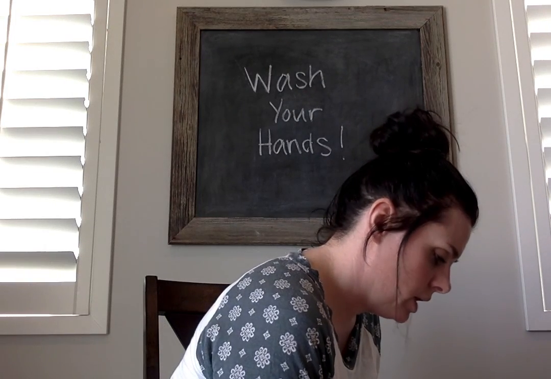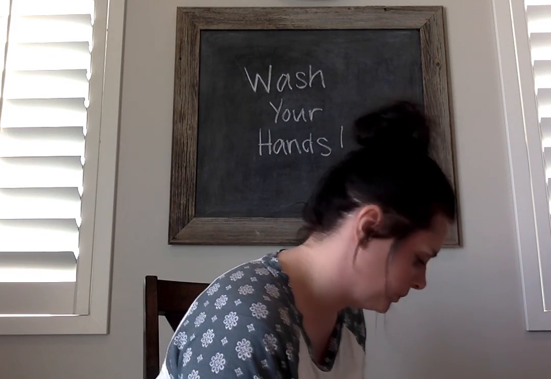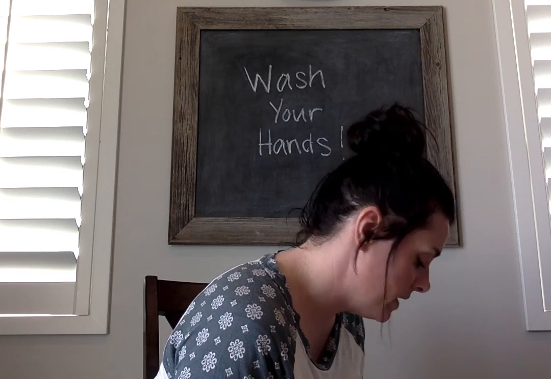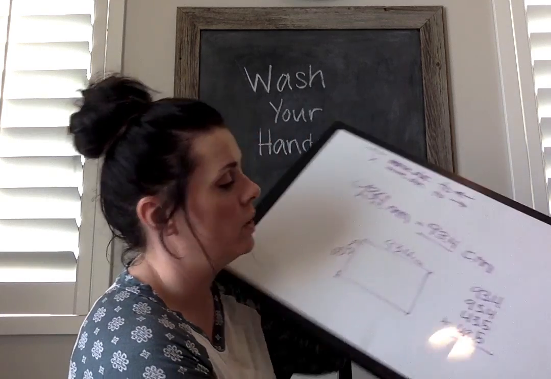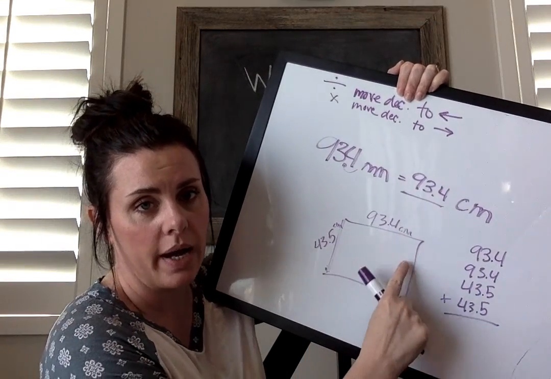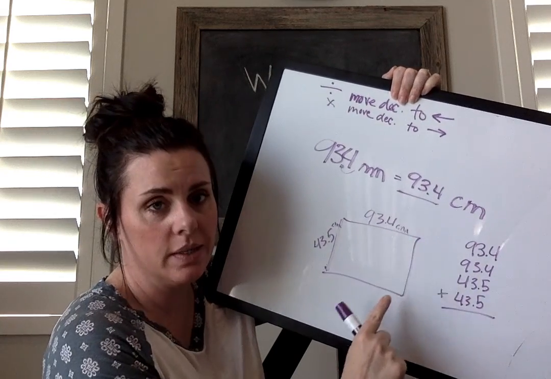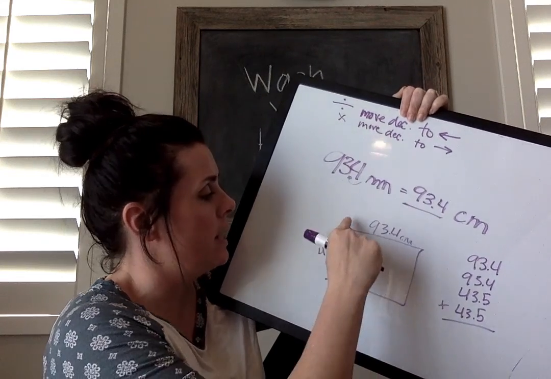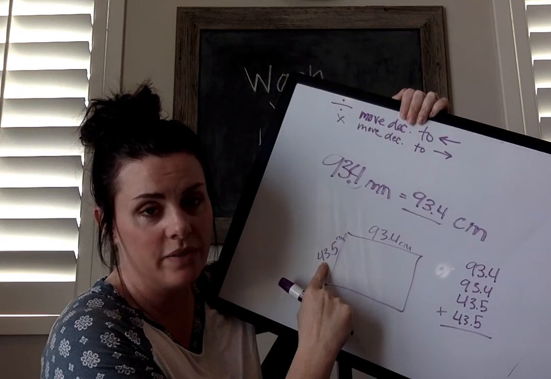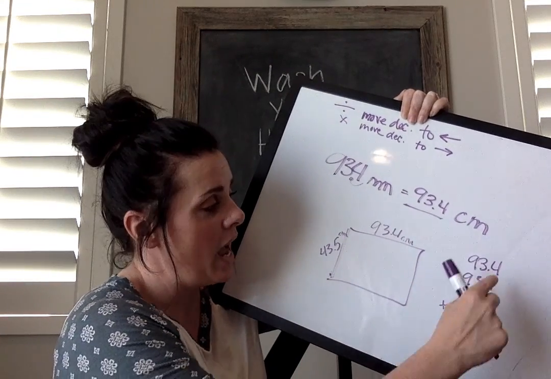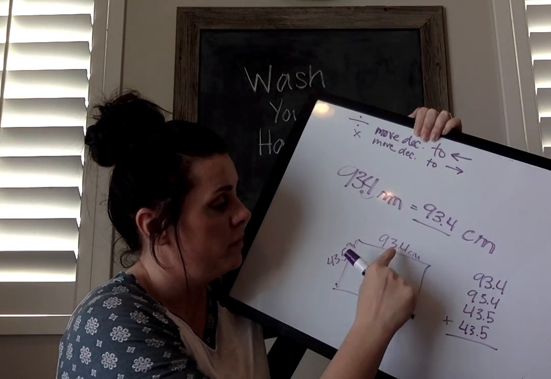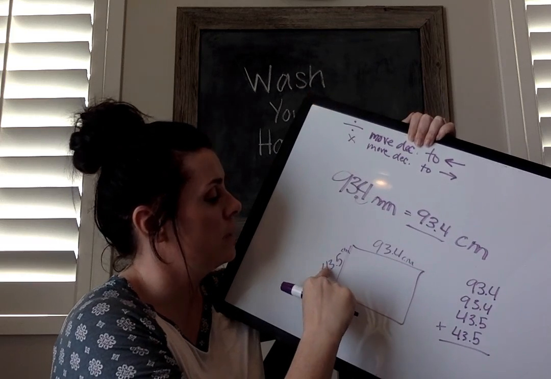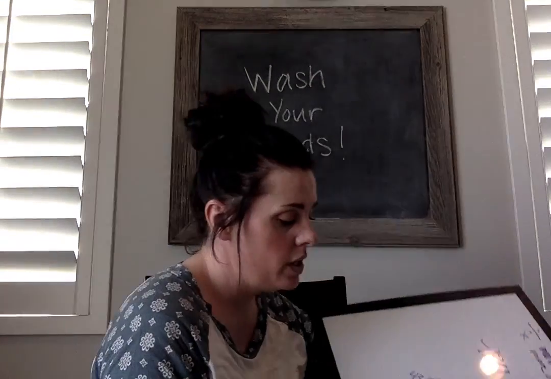So 93 4/10 either times 2 or added up twice, and 43 5/10 times 2, because what we need to do is add up all of our sides. If this side is 93 4/10, then the opposite side is 93 4/10. And if this side is 43 5/10, then the opposite side is 43 5/10. I put them all right here to add up. Now I could say 93.4 times 2 and add that to 43.5 times 2. Either way you do it, it's going to be just fine.